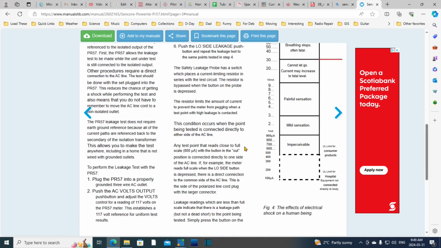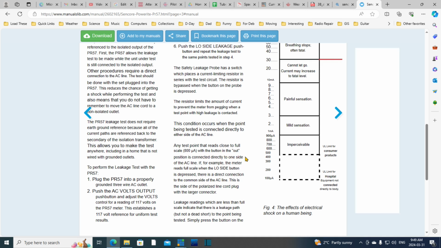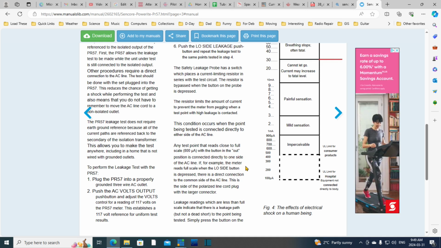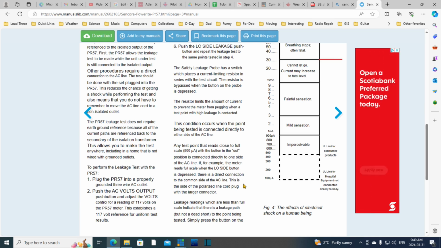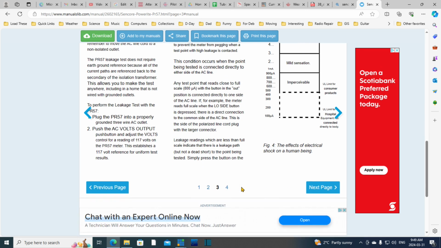Any test point that reads close to full scale with the button in the out position is connected directly to one side of the AC line. If, for example, the meter reads full scale when the low side button is depressed, there is a direct connection to the common AC line. This is the side of the polarized plug, the larger connector.